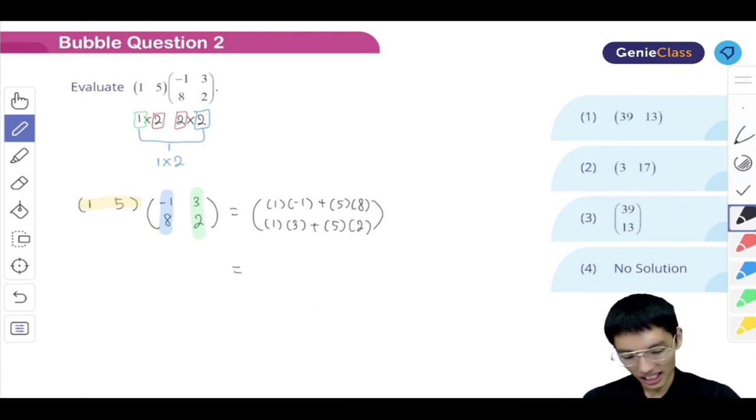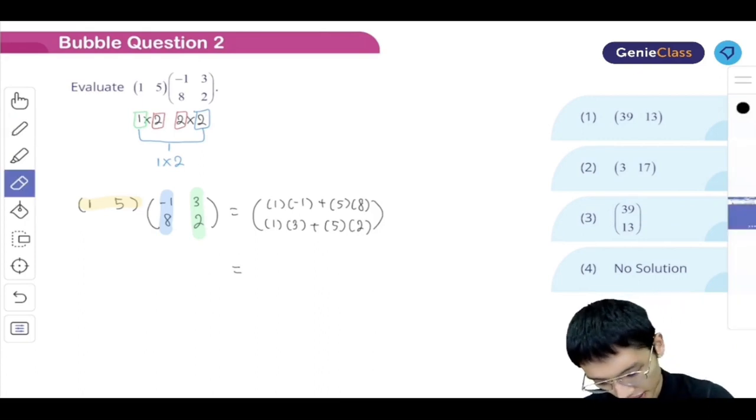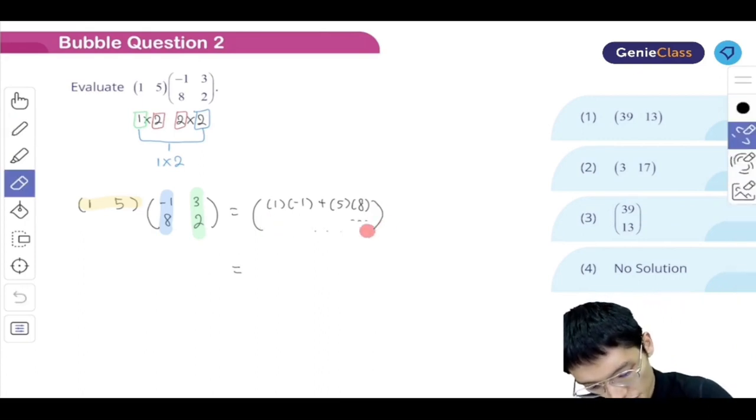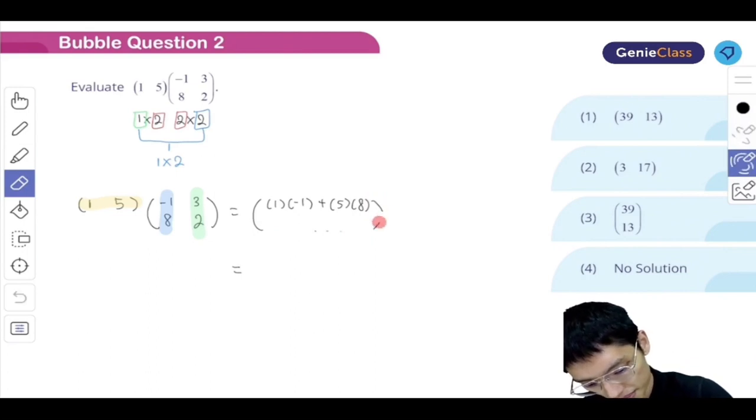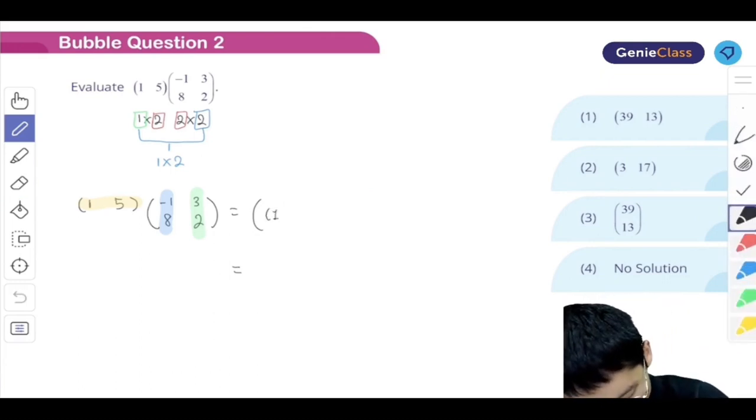So from there, solving it, it's going to be 1 by 2. Sorry, I think I might have written wrongly. It's first row, second column. Let me rewrite it. Don't worry about it, guys. So it's going to be first row, first column. That's also a learning pointer here.